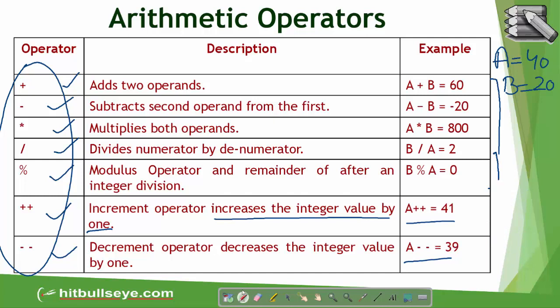Whereas the decrement operator decreases the integer value by 1. Similarly, here the value of a is 40, it decreases the value by 1, it becomes 39.